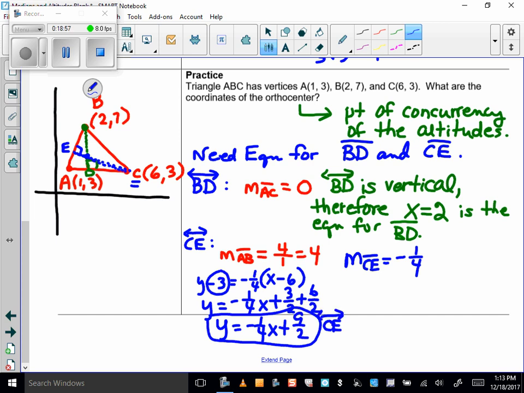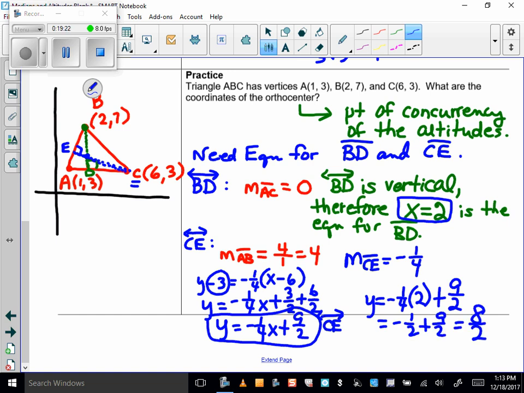And now, remember what I had up here, x equals 2, that's the equation for BD. So I'm now going to plug that in to find out what the y coordinate is. So y equals negative 1/4 times 2 plus 9/2. So that's negative 1/2 plus 9/2, which is 8/2, which is 4.